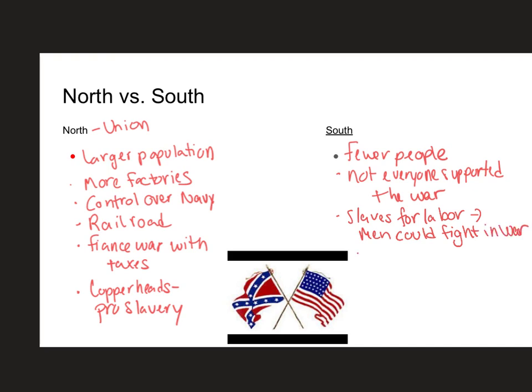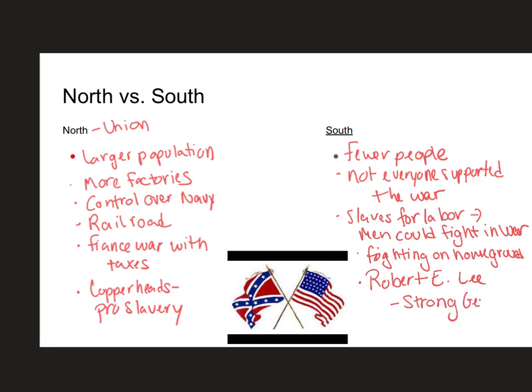They also fought on their home ground. And they had Robert E. Lee. He was known as a strong general. So those are some of the differences between the North and South. Oh, the South was also known as the Confederates.